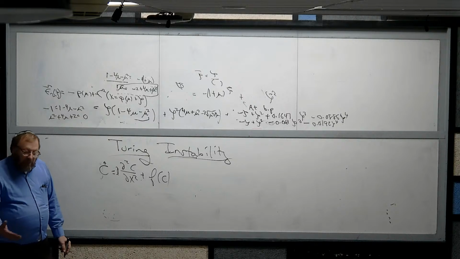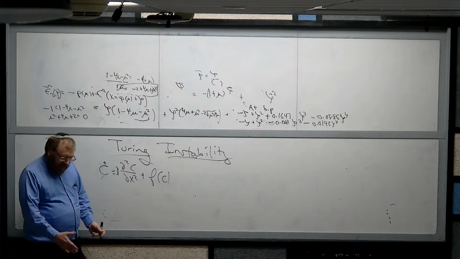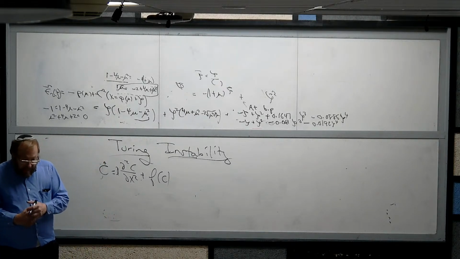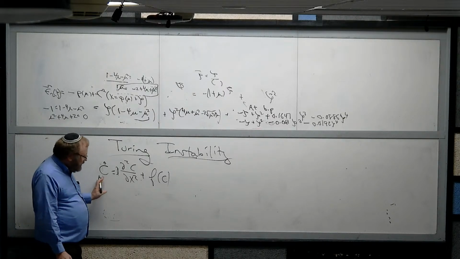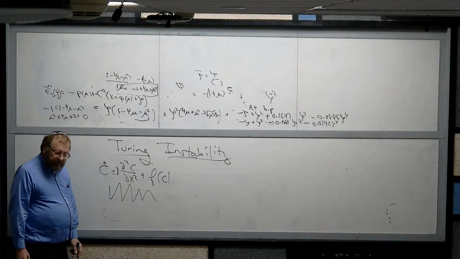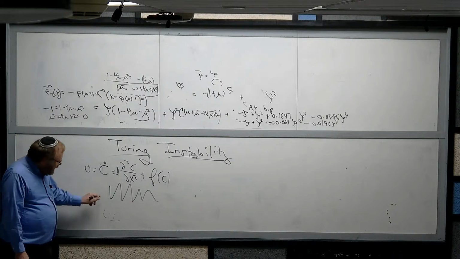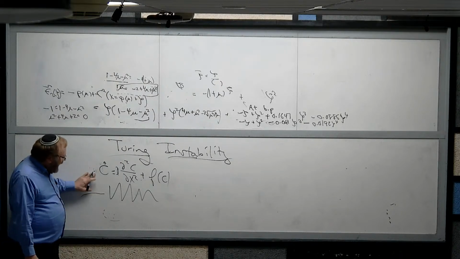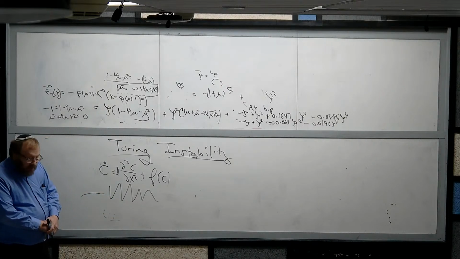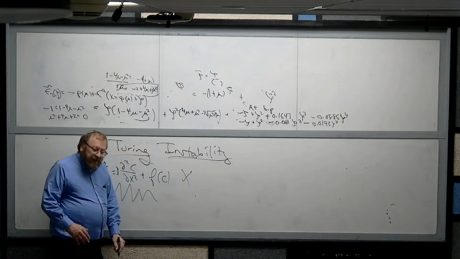Up to now we looked at c dot equals f of c; that was the whole course. Now we're adding spatial dependence. The question is whether this can produce a stationary spatial pattern, where the uniform state becomes unstable and instead produces a pattern. That was the question he asked himself, and the answer is that this can't do it.